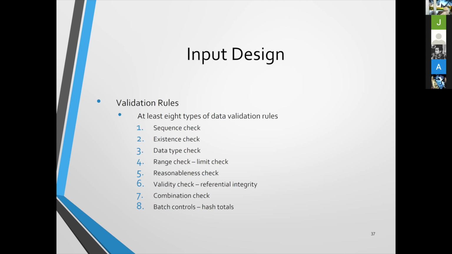Combination check means that you have to check many values together. When you combine these values together, they must go along together. For example, if you remember that I argued about the salutation, if that person said his salutation is Mr. but the gender is female, this is a combination check. You check between two fields together and you find that it's impossible.